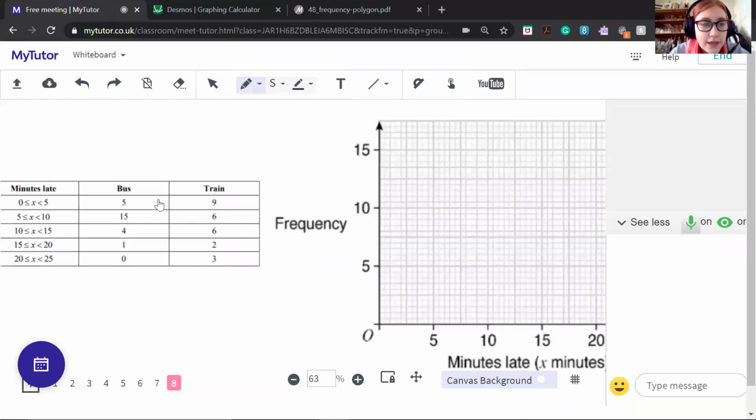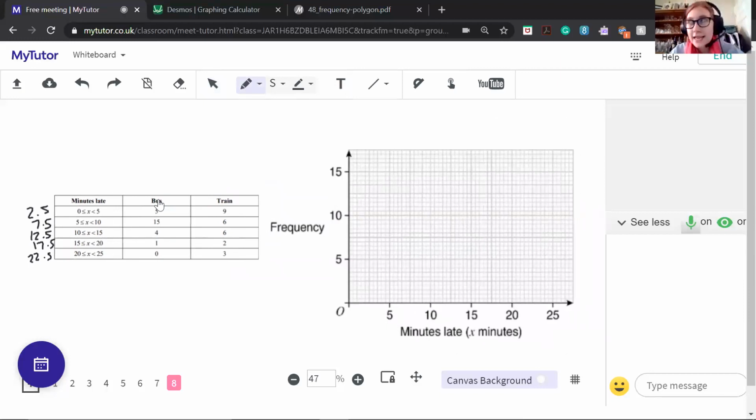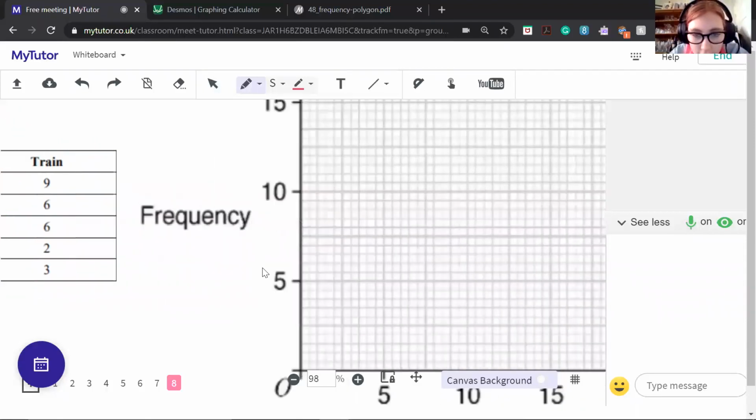And then we're going to plot how many minutes late the buses and the trains were. So let's start off by looking at the buses, and we'll do this in, say, pink. So we plot the midpoints against the frequency of the buses. So 0 to 5 minutes late, so 2.5, there were 5. So we plot 2.5, 5.